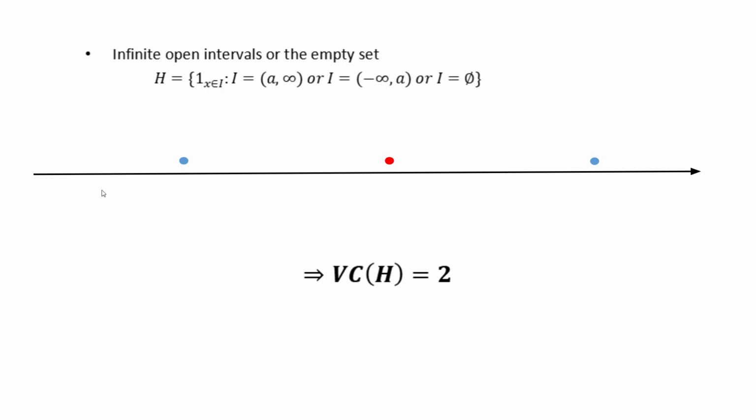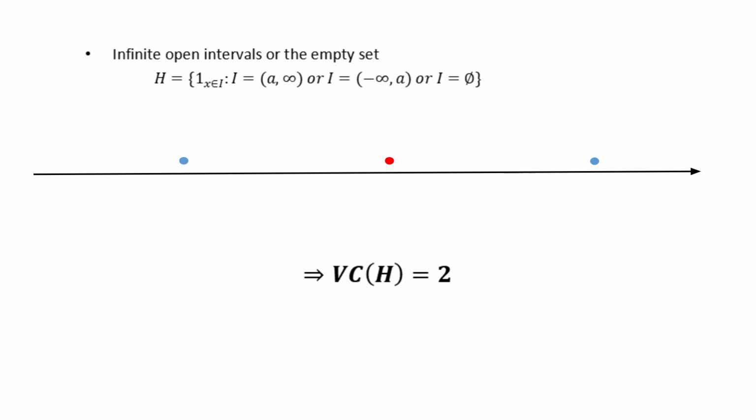If we try to put the point at the leftmost, there are two blues and one red in one category. And anywhere between the blues or the reds, we cannot put such a point that we can completely shatter this kind of configuration. So we can come to a conclusion that VC(H) is not 3, and it can be a maximum of 2.